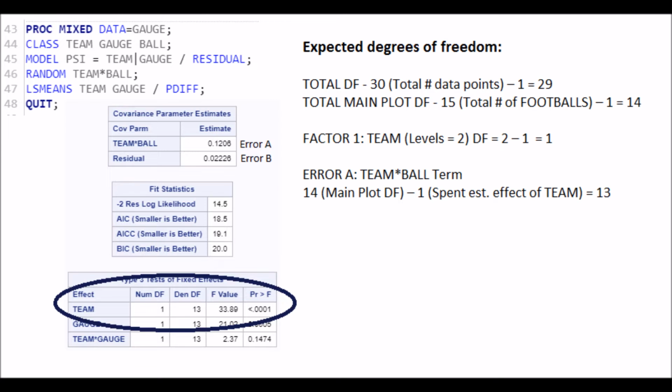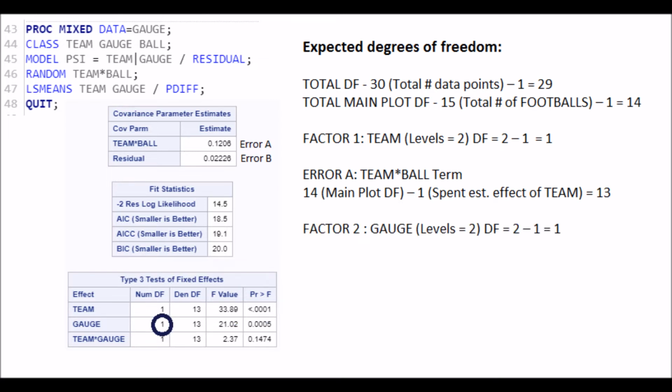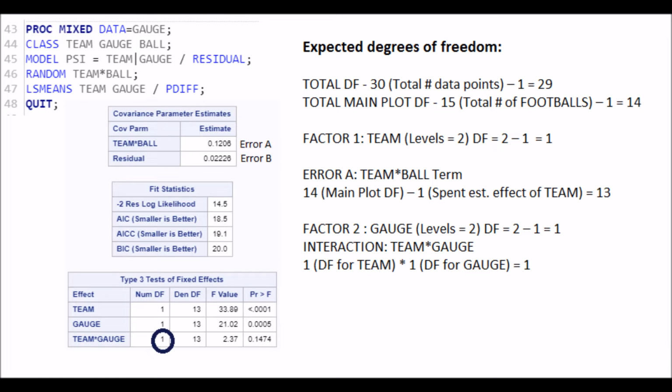Looks good so far. We have more replicates for the effect of gauge, as each gauge was used independently 15 times for a total of 30 data points. It will cost 1 degree of freedom to estimate the effect of gauge, and 1 degree of freedom to estimate the interactive effect of team and gauge.